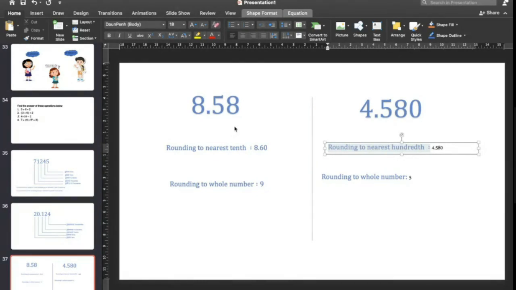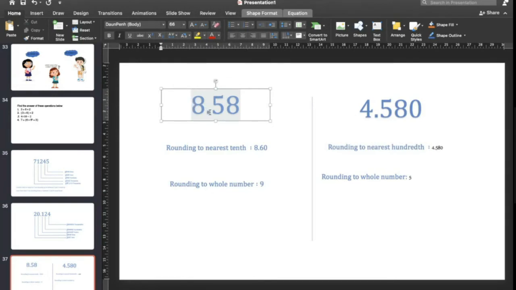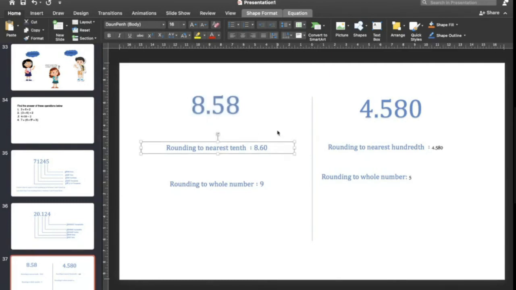If we don't have the point, it's just a whole number, or we call it an integer. How about a decimal like 4.580? How can we read it in English?